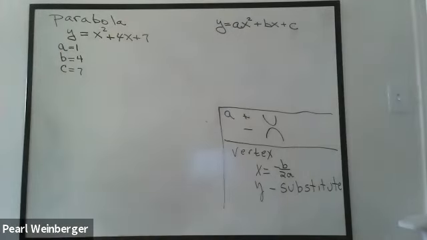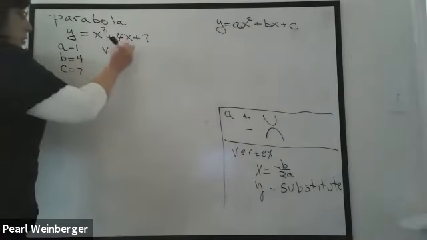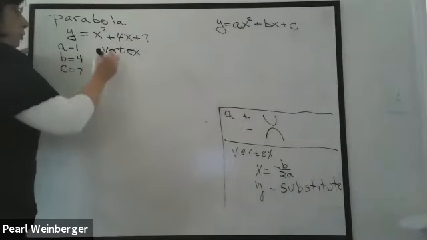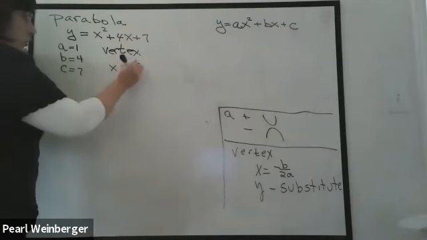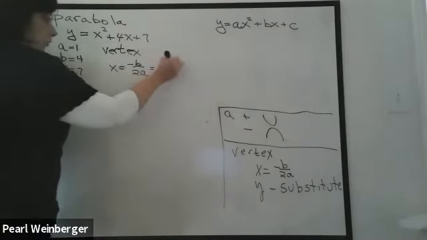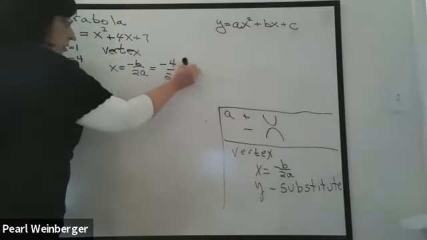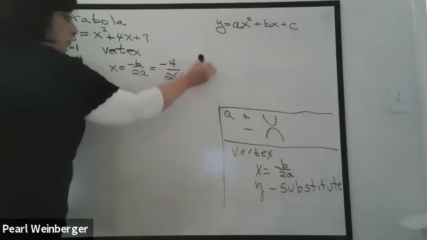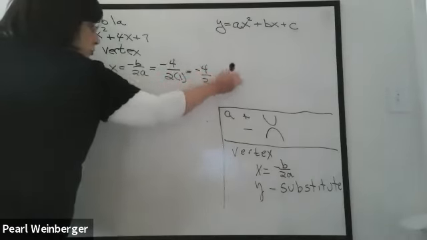In this case, we have an A, a B, and a C. So if we want to find the vertex, we do x equals negative b over 2a, which is, my b is 4, so this is negative 4 over 2 times 1, which gives me negative 4 over 2, which is negative 2.